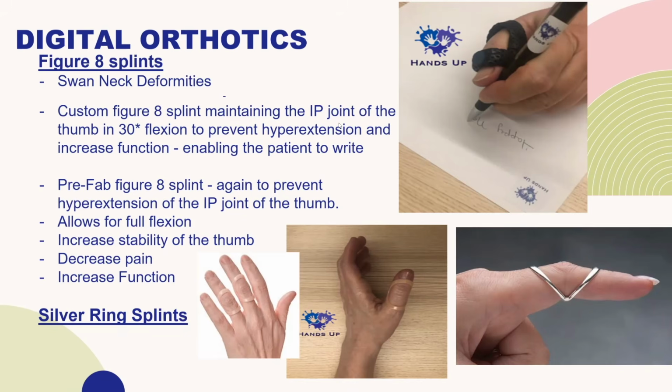Those same splints come in multiple sizes, so they can be worn on all joints of the fingers. And then in the picture all the way on the right, that is a silver ring splint. Those are a little bit pricier as well. Those can be measured to order, and those enable you to keep your finger in that flexed posture, like we said, to prevent hyperextension and allow increased function of the hand.